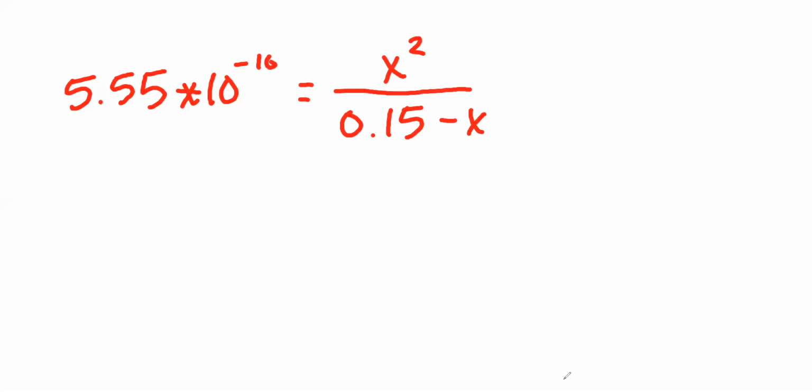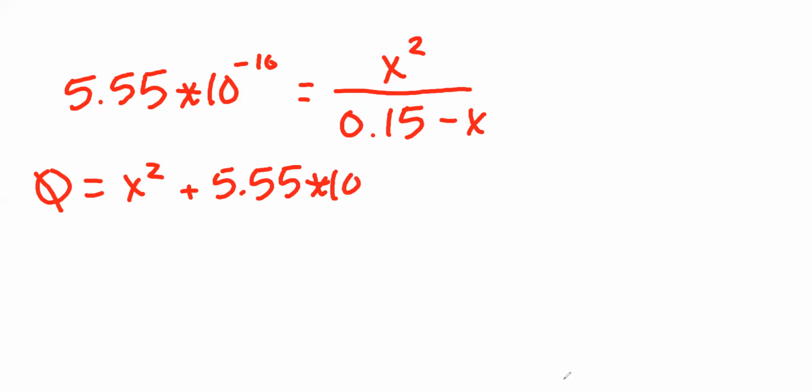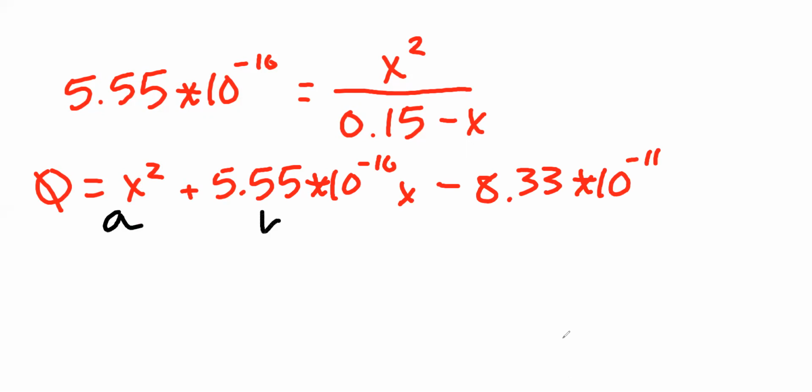I'm going to go ahead and simplify this and get it into the quadratic format. All right, so now we have our A, B, and C terms for the quadratic.